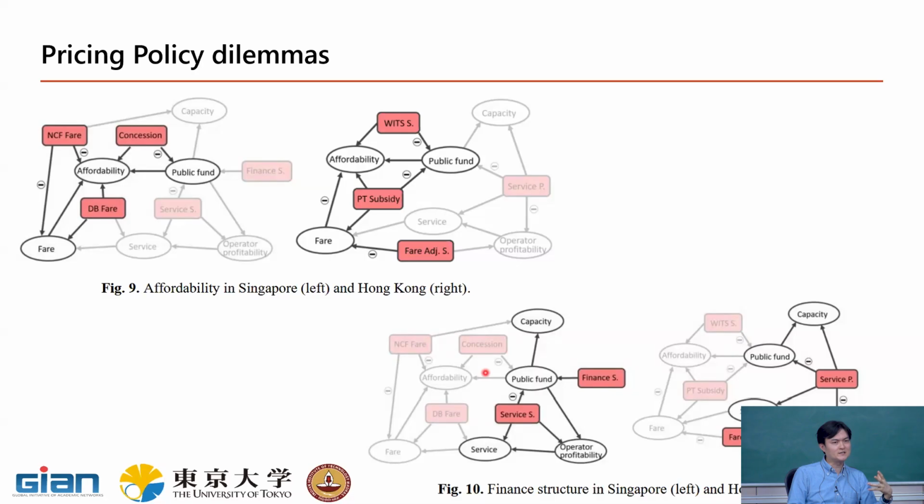Is it the operator takes the money and then calculates the profit and then pays the government, or you just get usage rights and you get a payment and then you have to decrease costs, and the government handles the revenue, and within the public fund, not just transportation, but everything, to figure out how much they can use that to invest in capacity expansion or not.